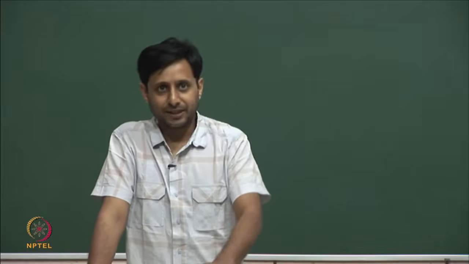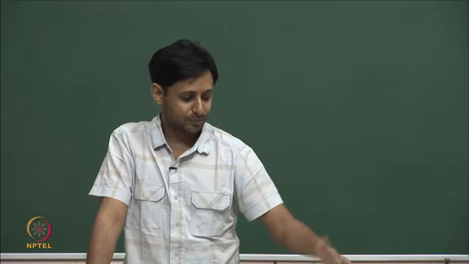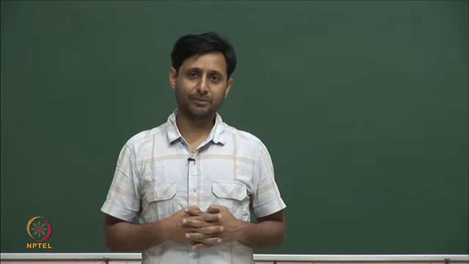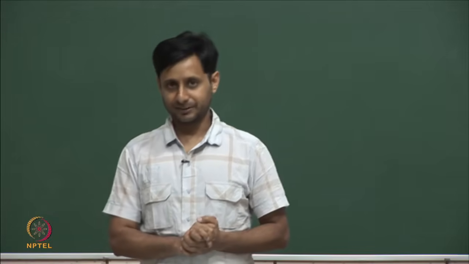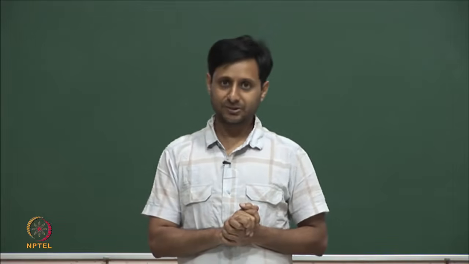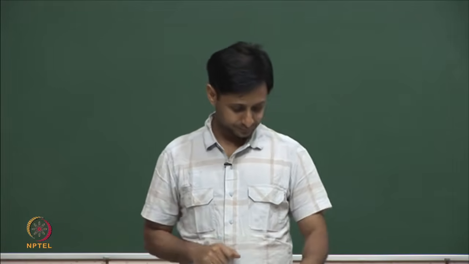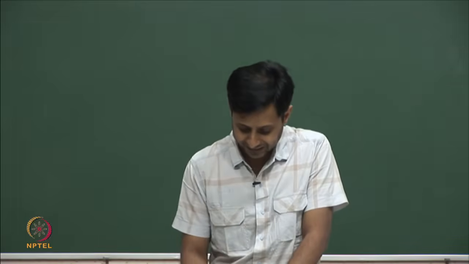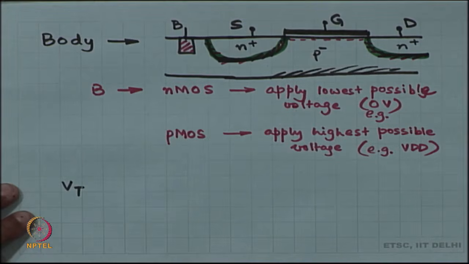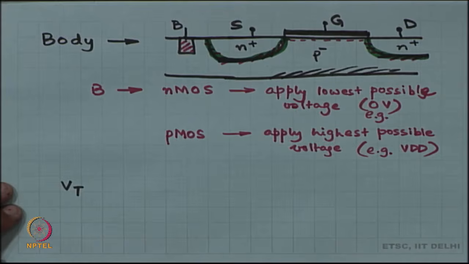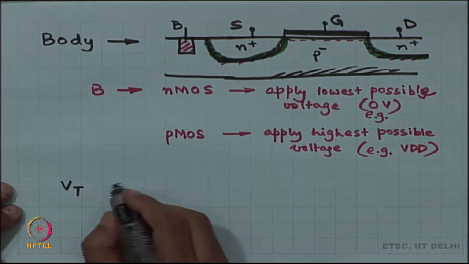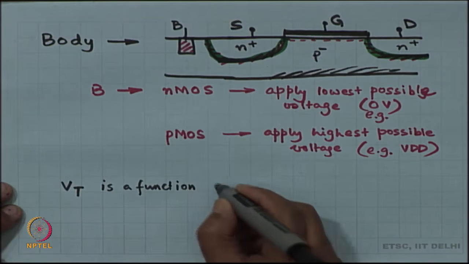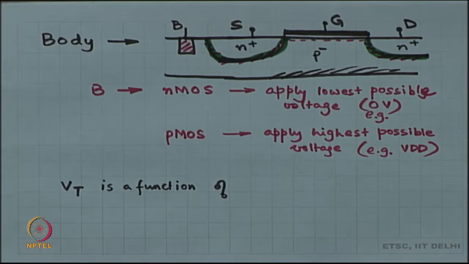Okay. And then once you have done that, in the small signal model and all of these things, the body does not pop up at all. You are not going to worry about the body at all. You can treat it as a 3 terminal device. You can treat the device as just 3 terminals. However, there is a catch. The catch is that Vt of the device, the threshold voltage of the device, is some function of the source to body voltage.